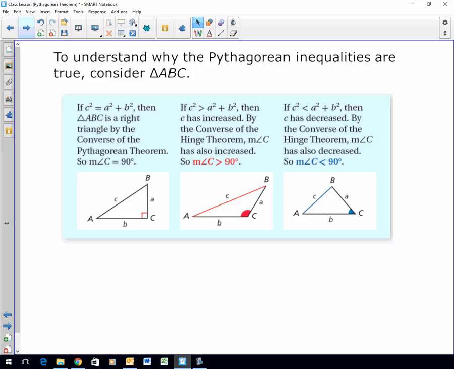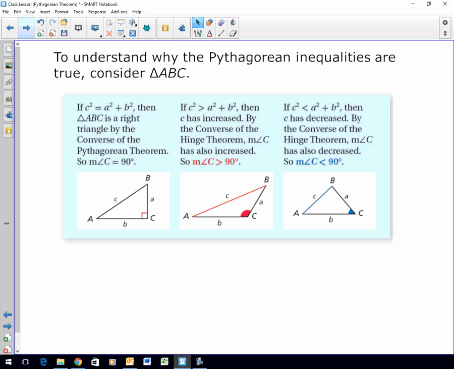If the square of the longest side is greater than the sum of the squares of the other two sides, let me say it correctly, then yeah, it's an obtuse triangle, which means that one of these angle measurements has to be greater than 90.